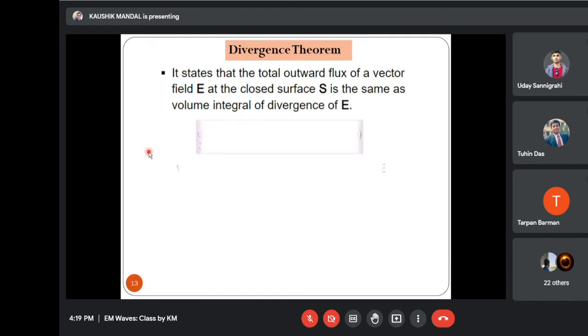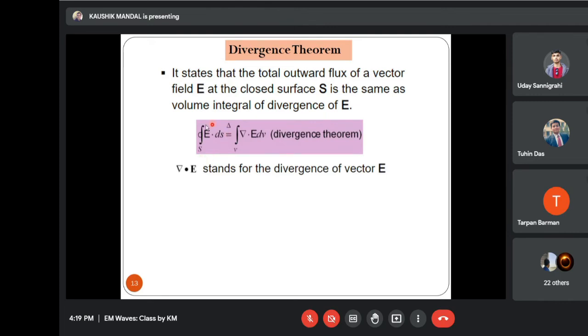So mathematically, by the surface integral of E dot ds you can find the total outward flux due to the vector field E enclosed in a surface S, and that will be equal to the volume integral of the divergence of E dV. It is better to put brackets at this point.